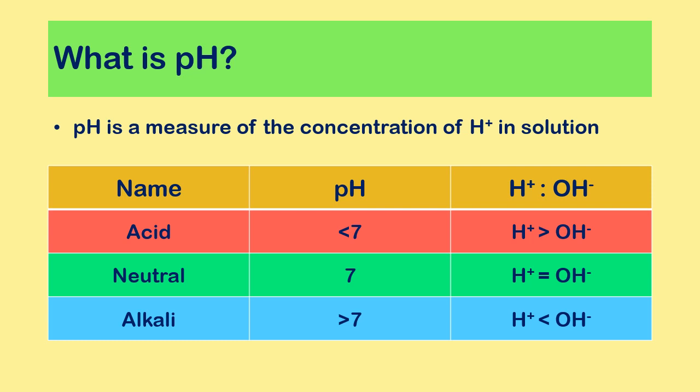You have the same concentration of hydrogen ions as hydroxide ions. And if you are an alkali, that means you have a higher concentration of hydroxide ions than hydrogen ions. Again, you need to know the relative number of hydrogen ions compared to hydroxide ions for an acid, neutral, an alkaline or basic substance.